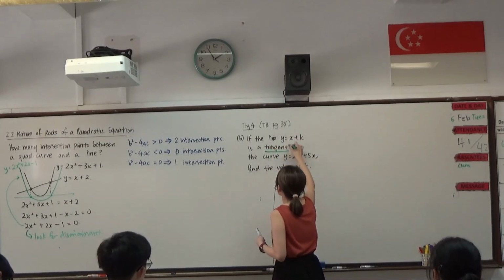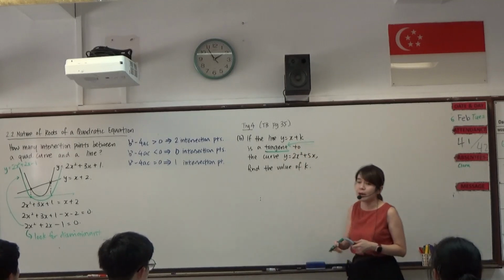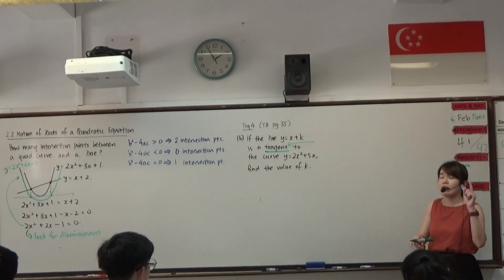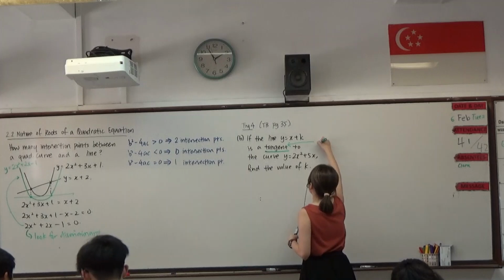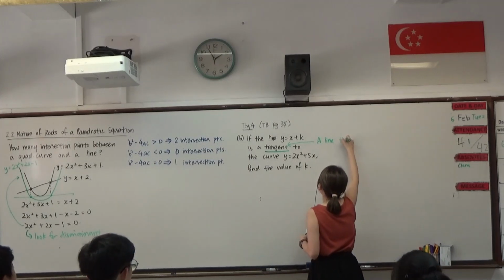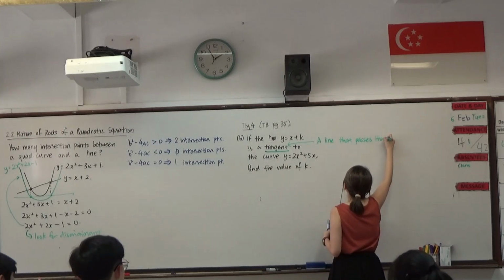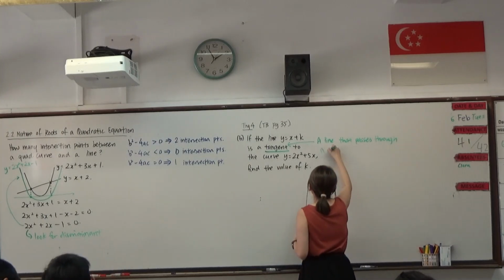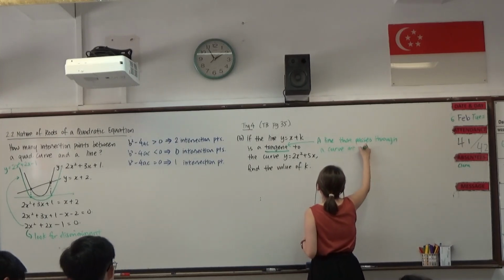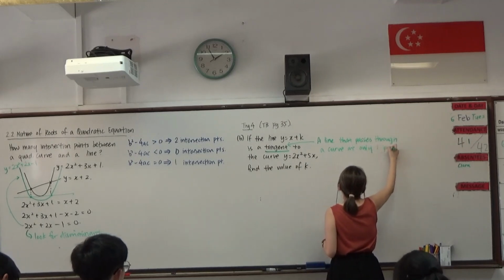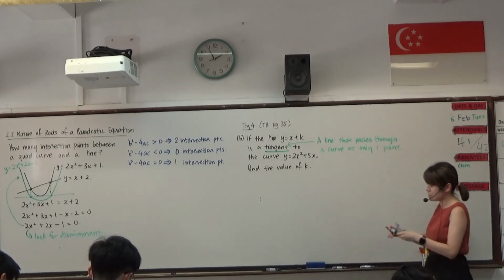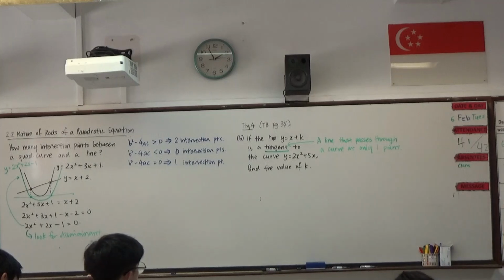A tangent is a line that passes through a curve at only one point. So how does it look in a pictorial sense?